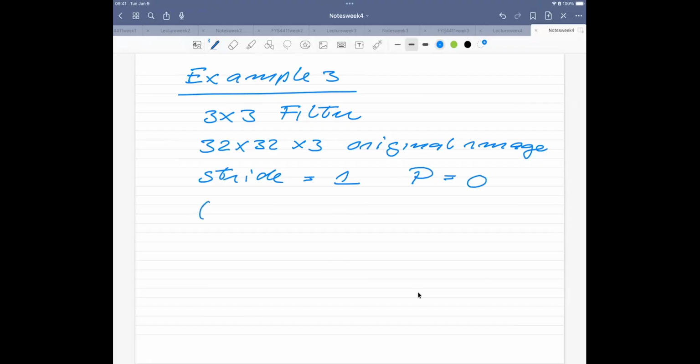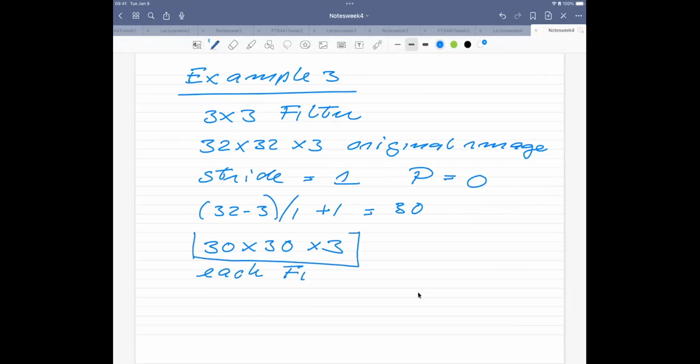What you would have then is 32 minus 3, divided by 1, plus 1. So your dimensionality is actually 30, but then you have to multiply with the color channels, so you have 30 times 30 times 3. This is your new dimensionality of the image.